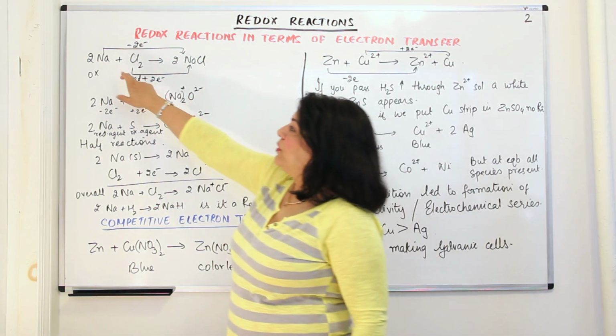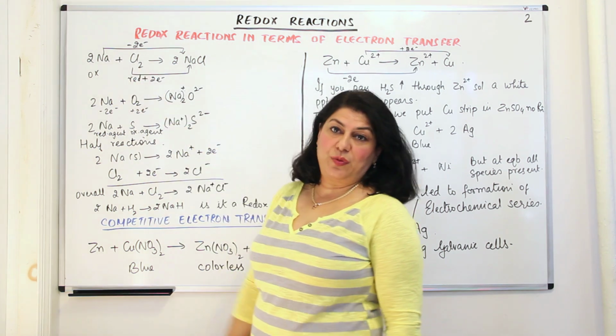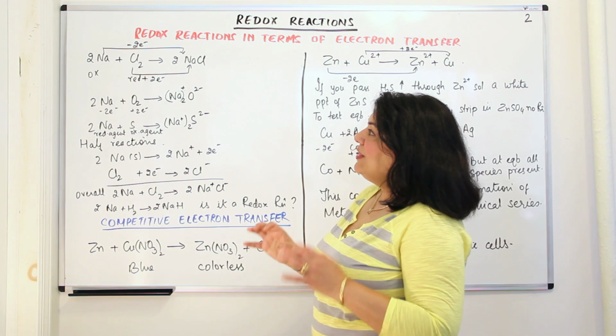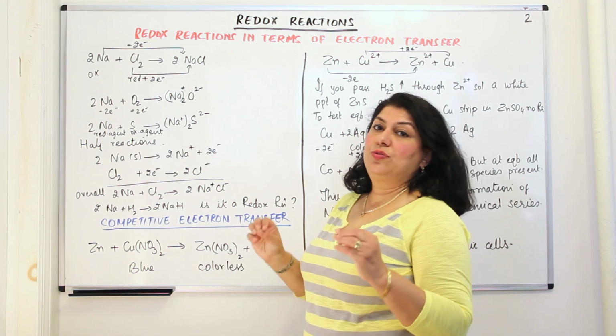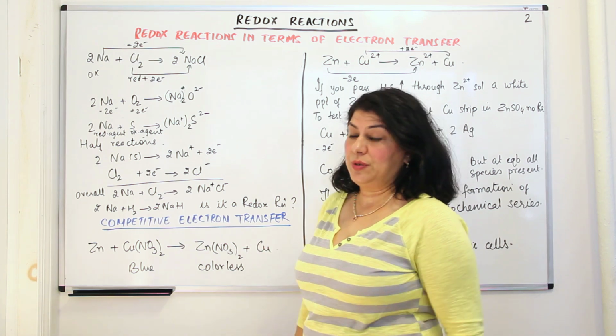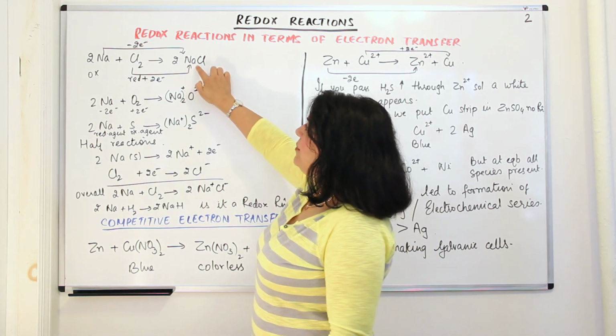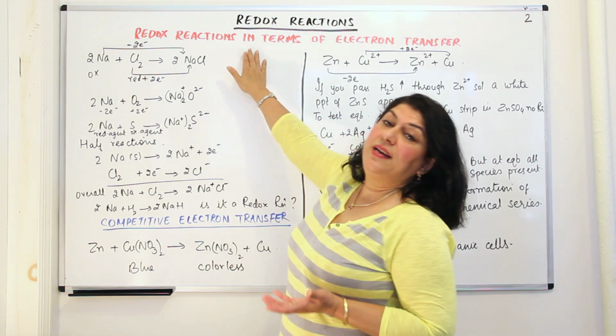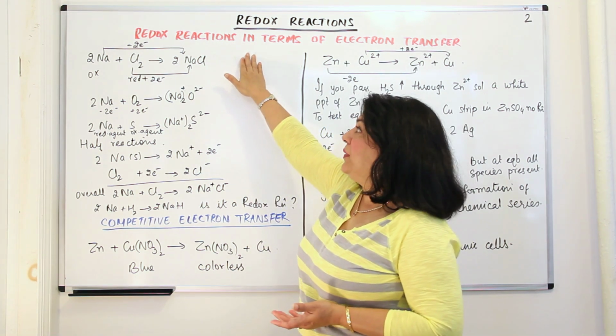Let us take this example of sodium and chlorine reacting with each other to give you sodium chloride. We are aware that sodium chloride is an ionic compound. So in sodium chloride, sodium has a positive charge and chlorine has a negative charge, forming the chloride ion.